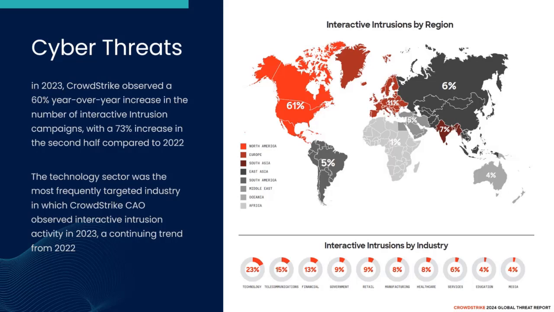While we are talking about cloud threats, as we look at interactive intrusion by region, Africa and the Middle East have 1% and 5% relatively. But we all know that most public cloud service providers like Microsoft and Amazon host their cloud or their data centers in Africa and the Middle East, and it opens the door for many threats.